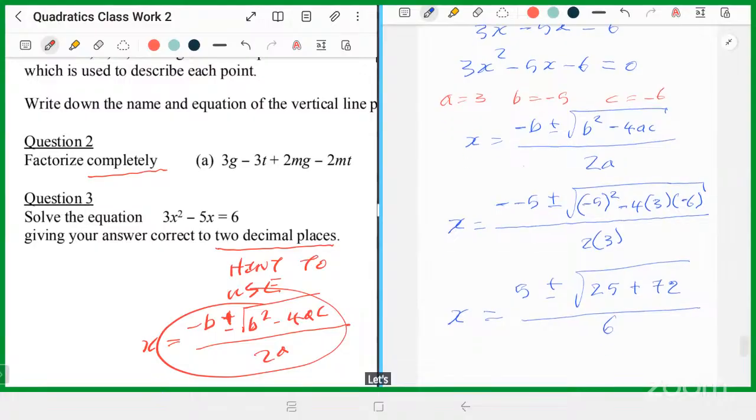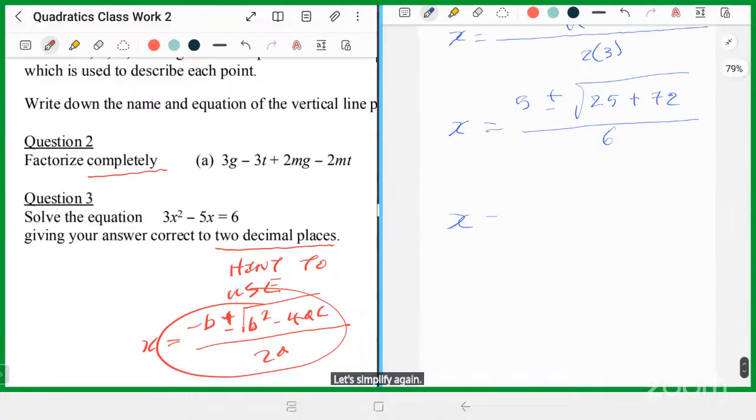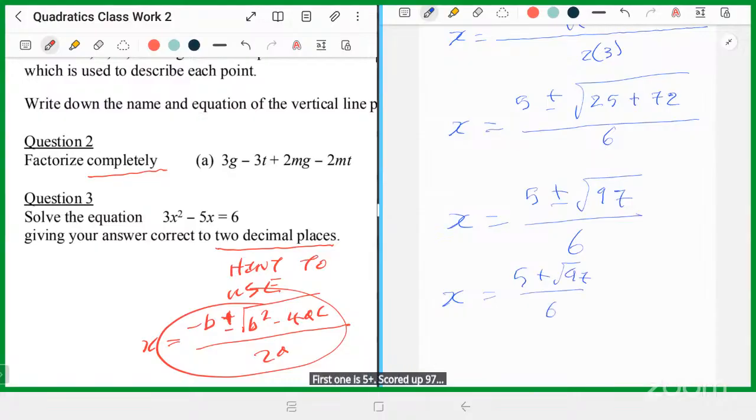Let's simplify again. So x becomes equal to 5, plus or minus the square root of 25 and 72, which is 97, and you divide that by 6. So can I write the two roots now? The first one is 5 plus square root of 97 over 6.